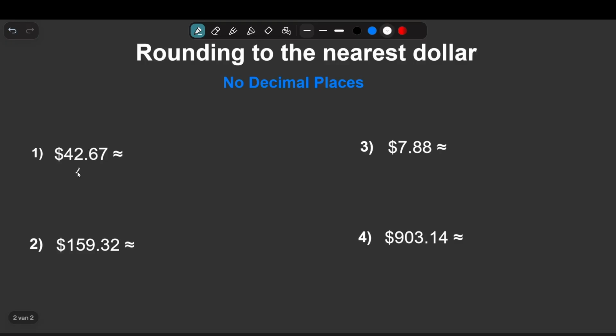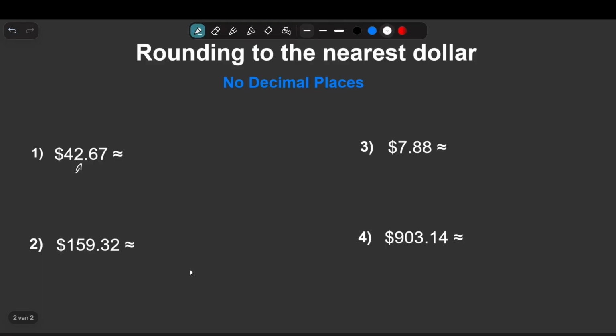So to this place, this is the ones place. Basically, we are seeing if this is closer to 43 or to 42. We're going to cut the decimal part off, so we're going to get rid of any change. This makes calculations and working with money simpler, although not as exact.